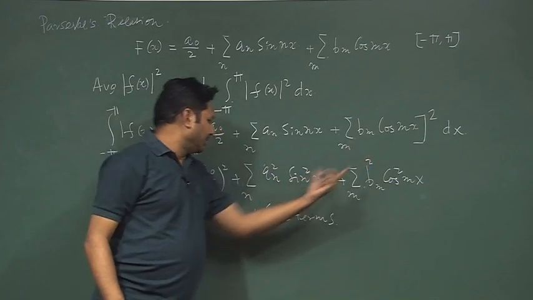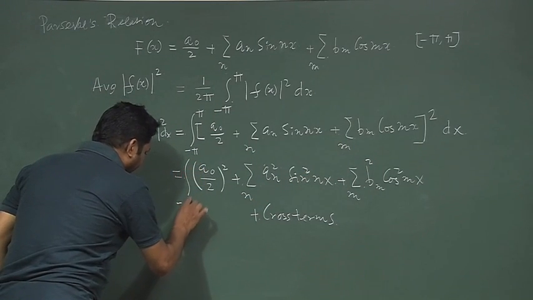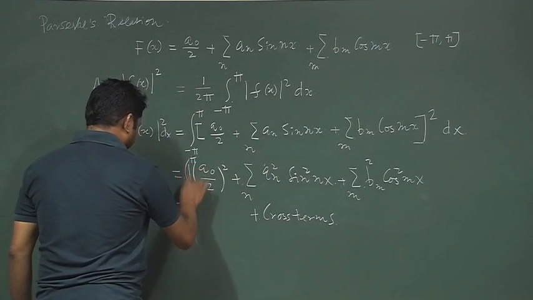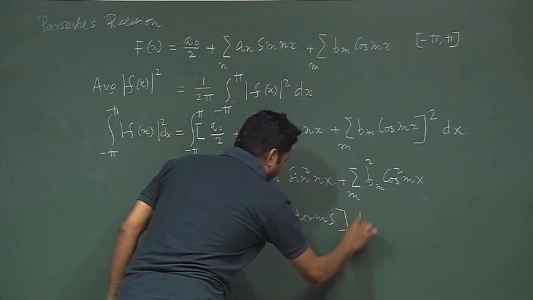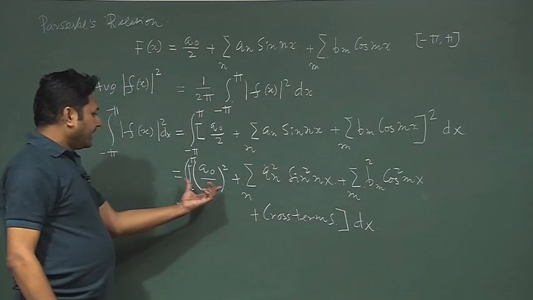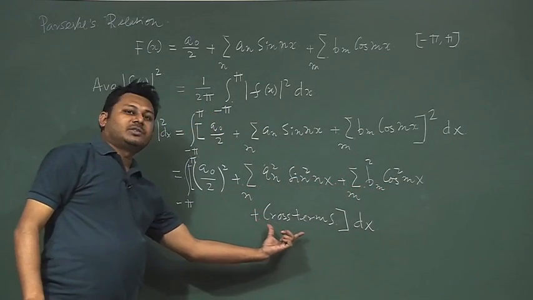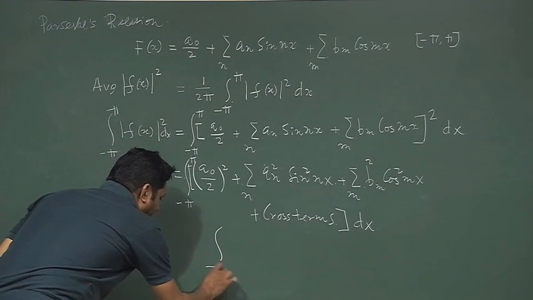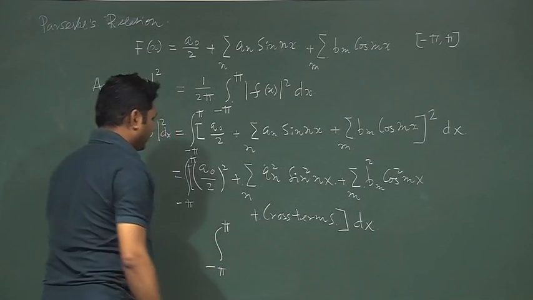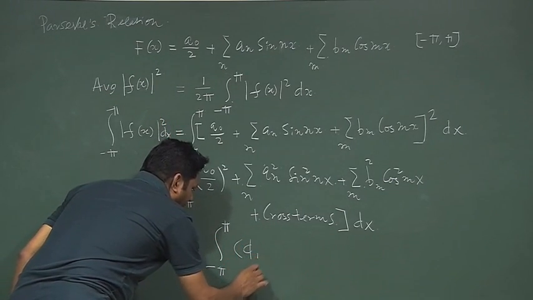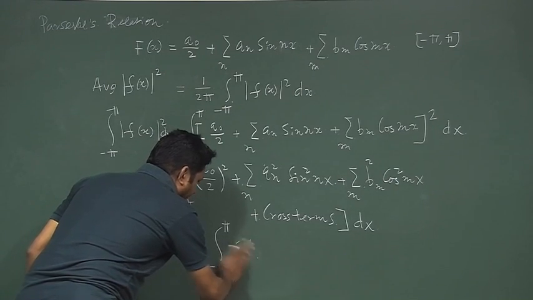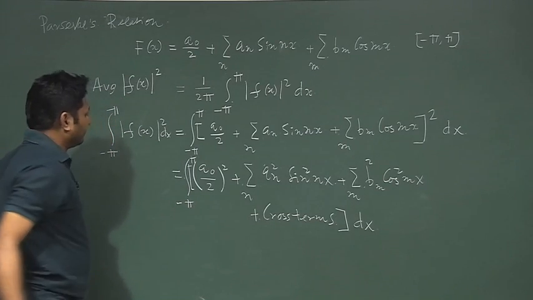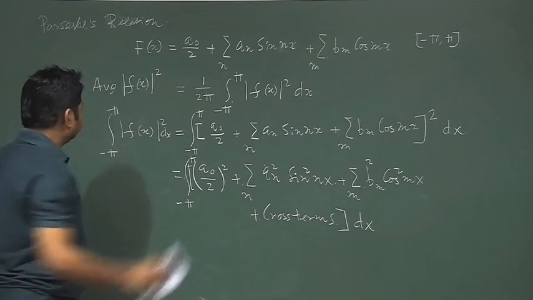I will integrate this whole term within the bracket from minus pi to pi dx. Now, I can separate out this contribution and the rest of the contribution which I write as cross. So, let me write this term, minus pi to pi, all this cross term as something phi 1, this term as something by definition. Okay, let me do it here.